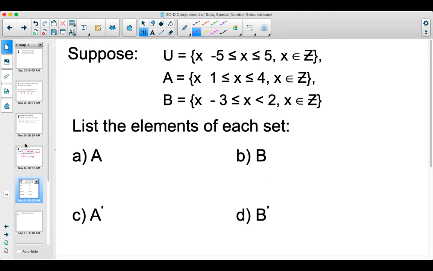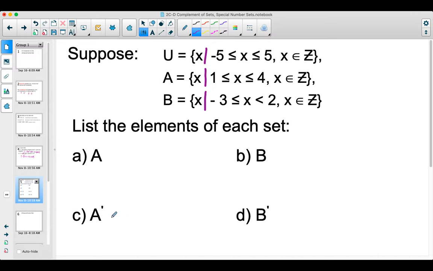Okay, so suppose that the universal set is X such that X falls between -5 and 5. A is between 1 and 4, and B is between -3 and 2. It says list the elements of each set.